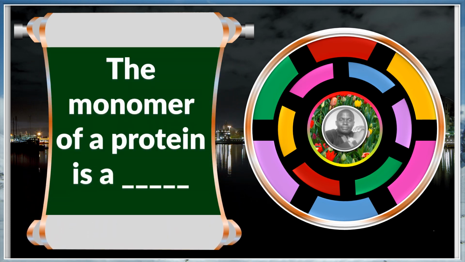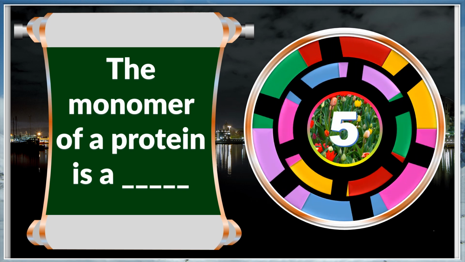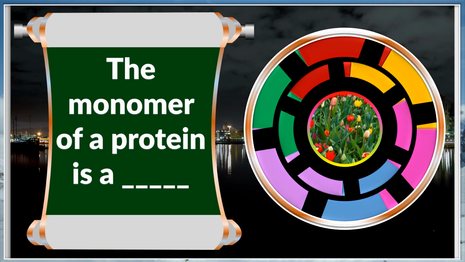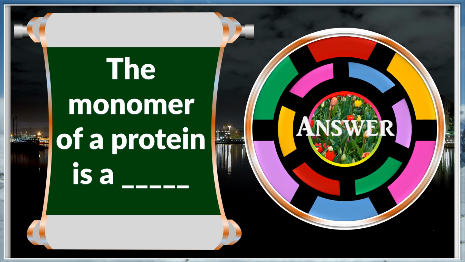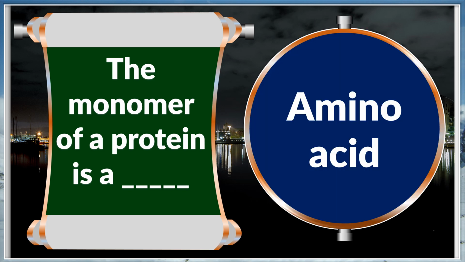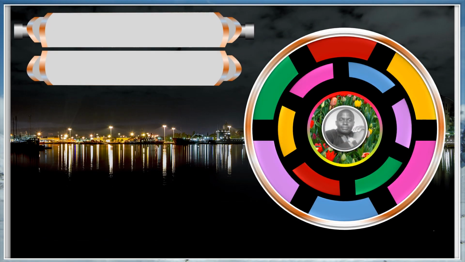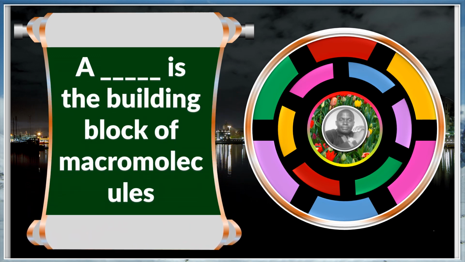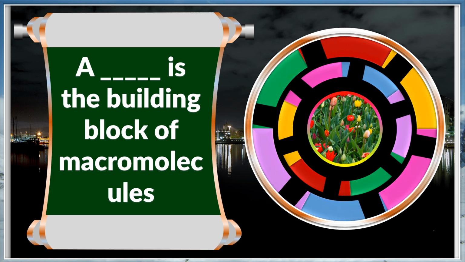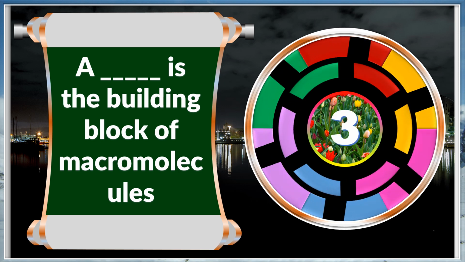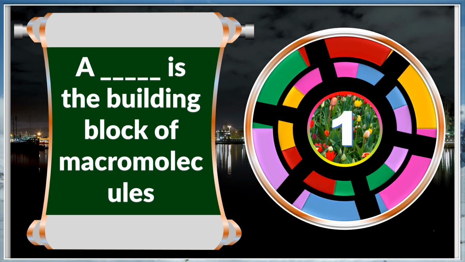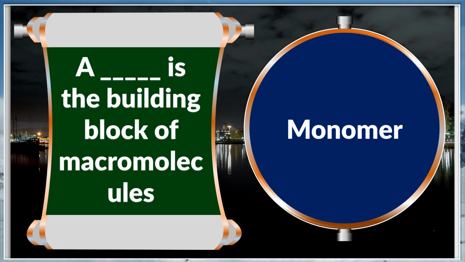The monomer of a protein is a amino acids. A dash is the building block of macromolecule. Monomer.